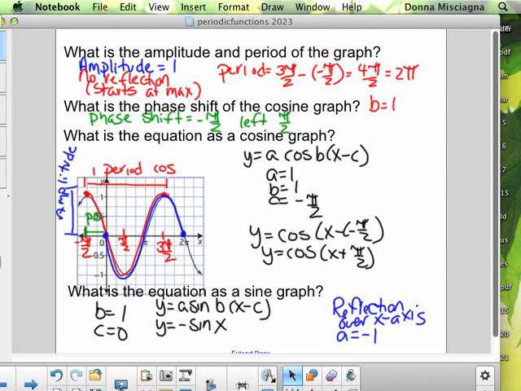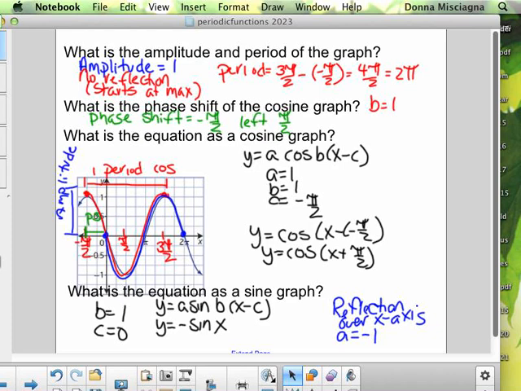If cosine was reflected, it would look like an upside down U instead of a right side up U. Identify the period, how long it takes for the graph to go through its sequence. If the period is 2 pi, then b is 1. Otherwise, you solve period equals 2 pi divided by b, cross multiply and solve for b.